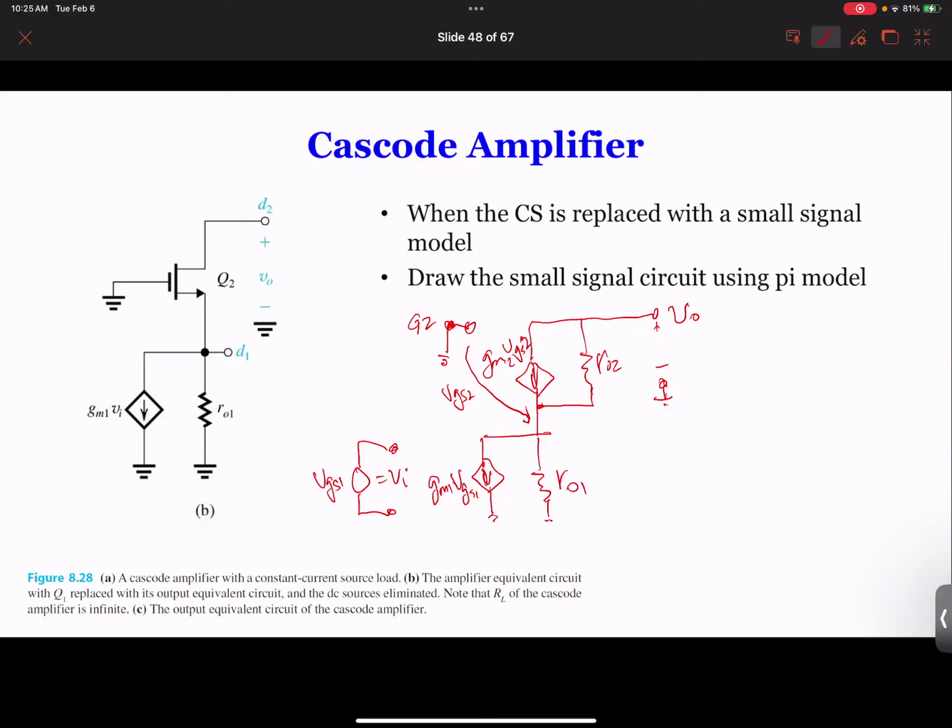As we mentioned earlier, it is important to look at what VGS2 is. VGS2 is really the voltage between gate and source of Q2, but G2 is grounded. So right away, you can see that this is VD1, and VGS2 is equal to minus VD1. That's the key thing.